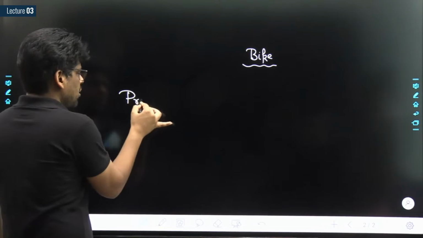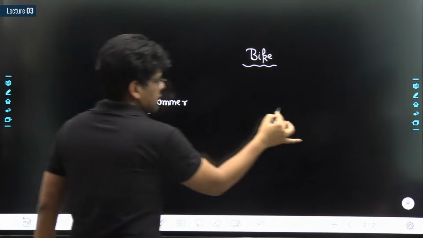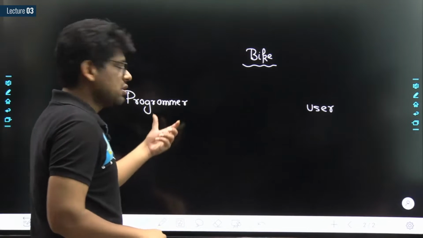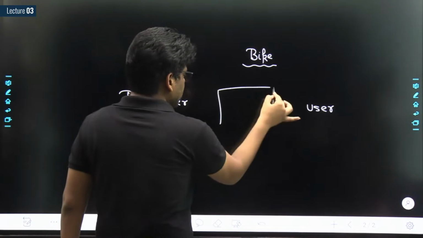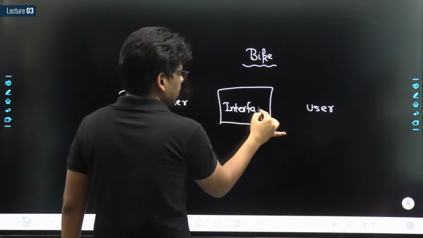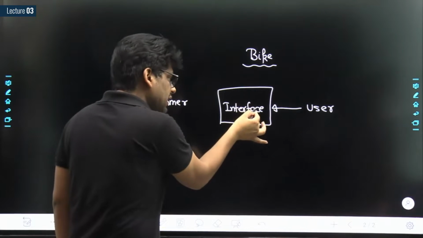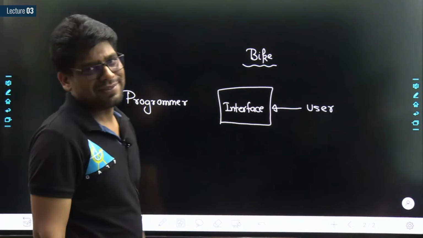First one is the programmer who writes programs, and the second one is the user who uses these programs, not directly, sir, but by means of an interface. So the user interacts with this interface, and through this interface he or she is using the programs.